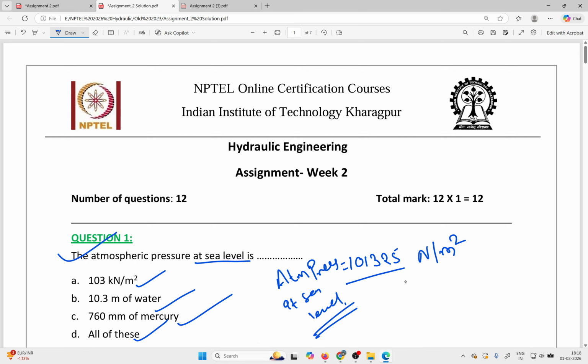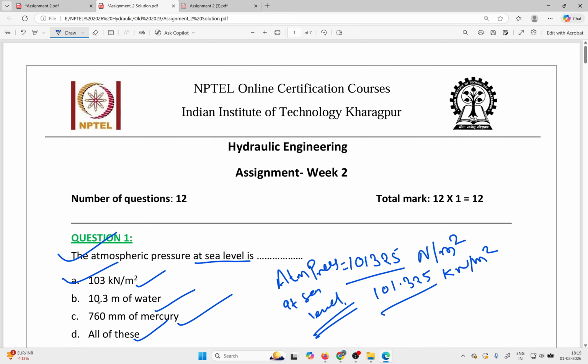In kilonewton you can write 101.325 kilonewton per meter square, so it is 103.32 or 103, that is fine.